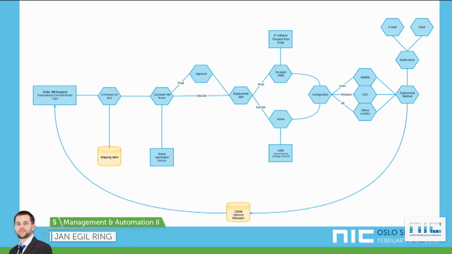So here we are integrated. We are using IP pools in Virtual Machine Manager. And we're also getting the IP address from the customer's IP address management solution, which was Men and Mice in this case, but it could be any IPAM solution that supports some kind of interaction with automation, such as PowerShell.